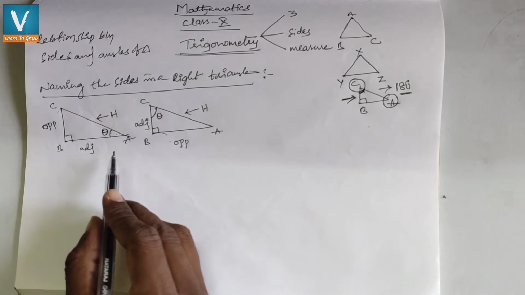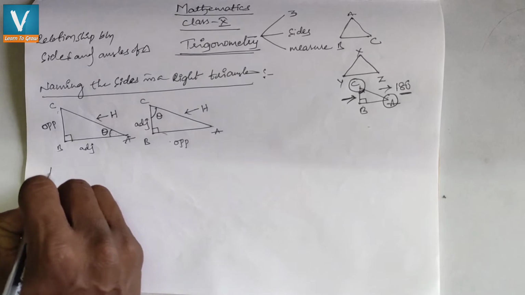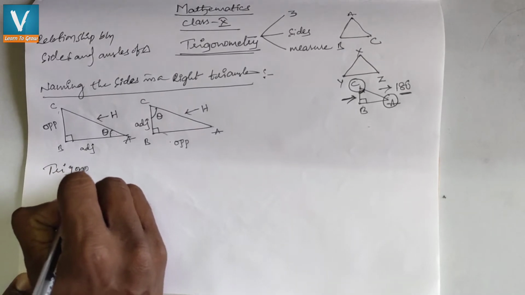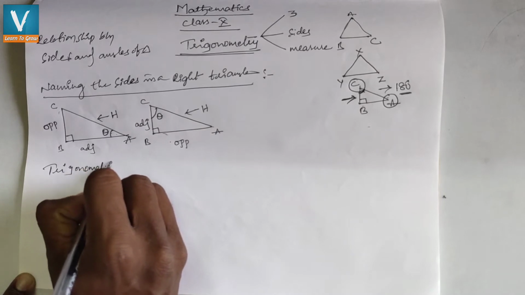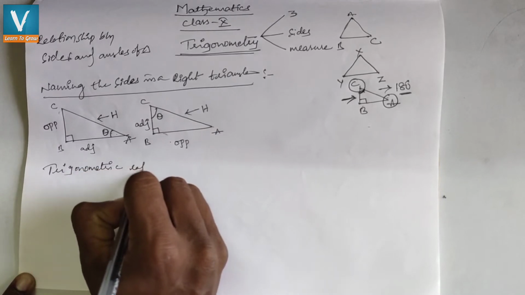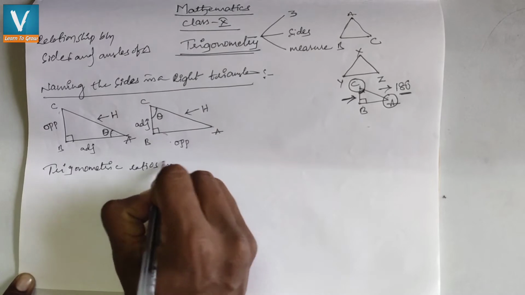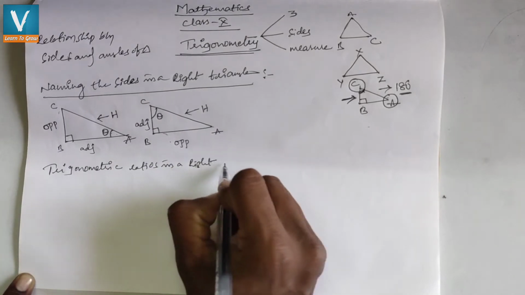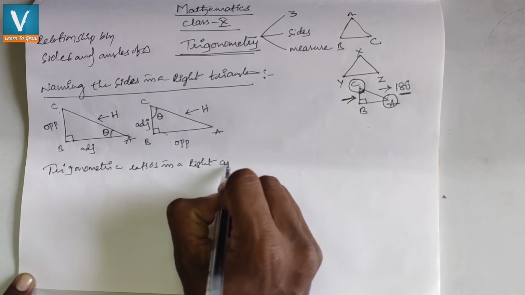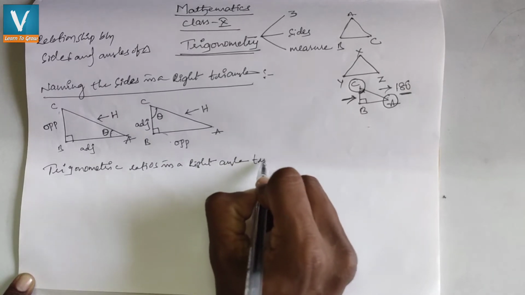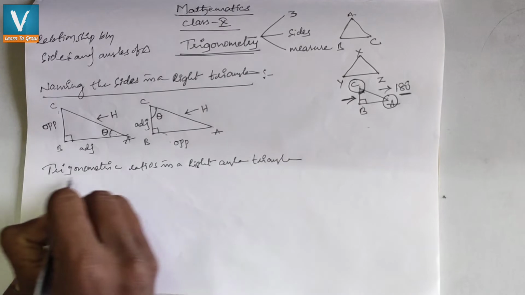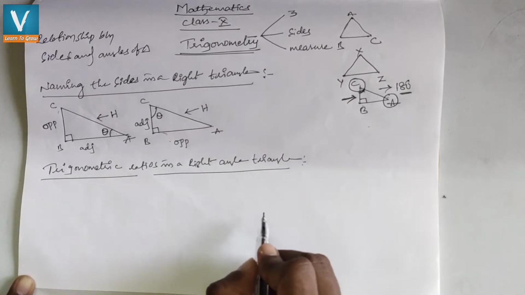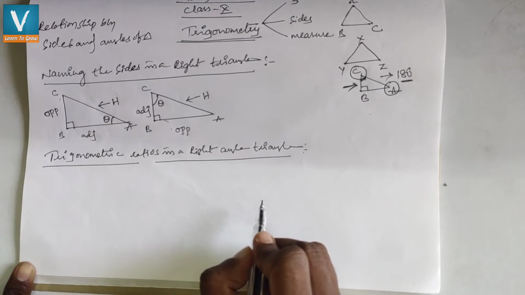Okay, now we'll see the trigonometric ratios in a right triangle. We have 6 trigonometric ratios.